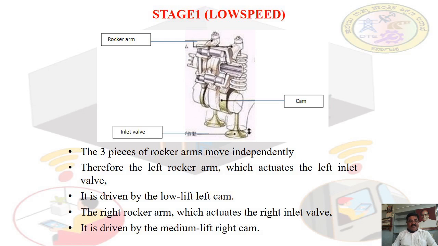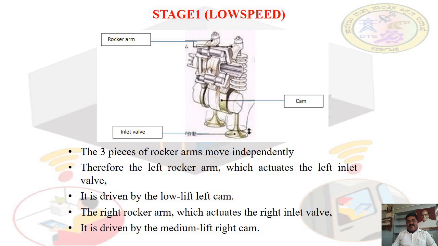Therefore, the left rocker arm, which actuates the left inlet valve, is driven by the low lift left cam, as shown in the figure.